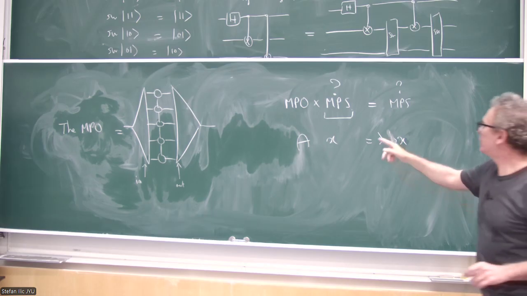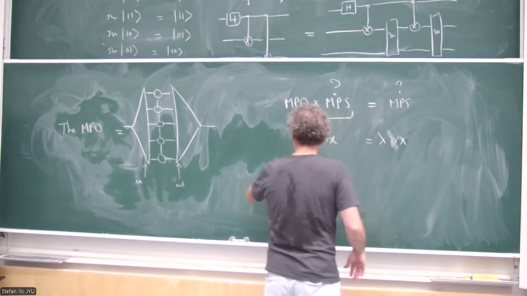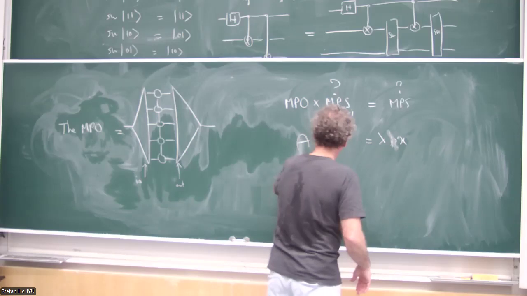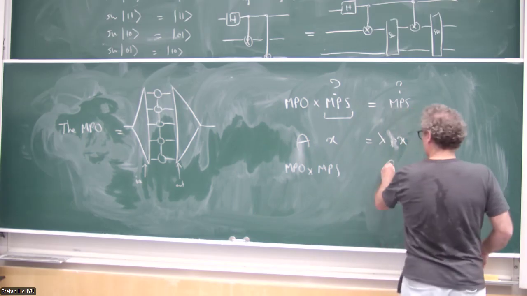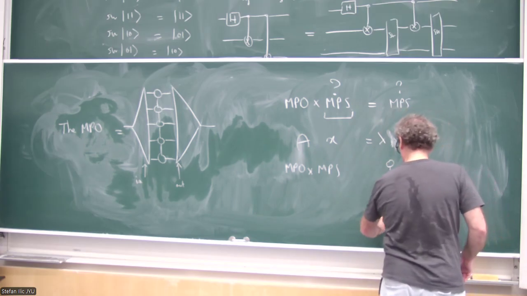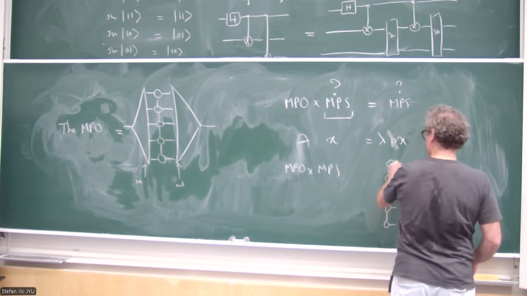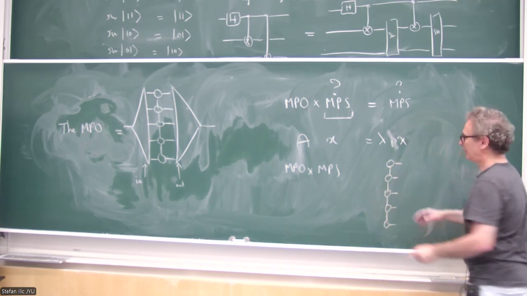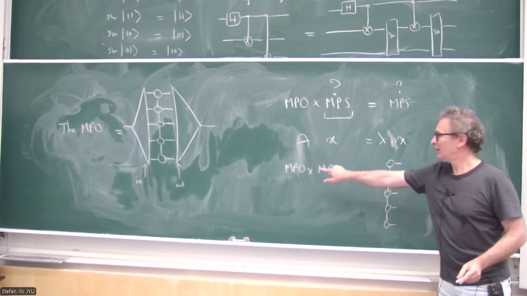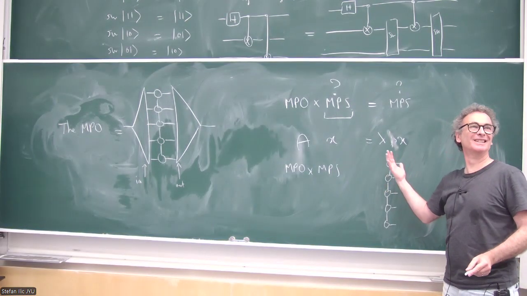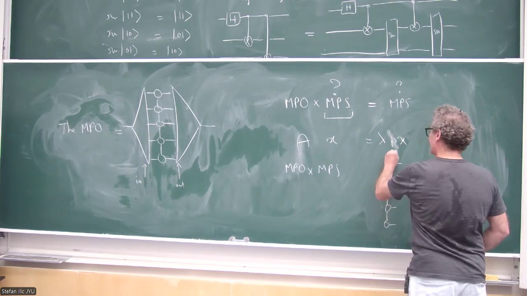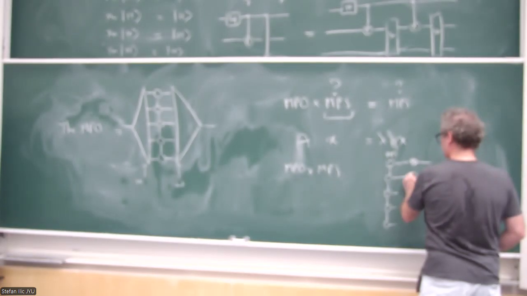Okay, so an MPO MPS product. This is my MPS. Here it's a bit unfortunate because we write MPO times MPS, as in a matrix vector product, but when I do the drawings, it's actually in the other direction. So this is the MPS, and this is my MPO.